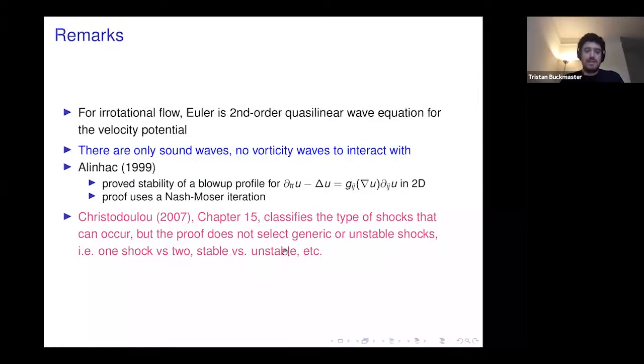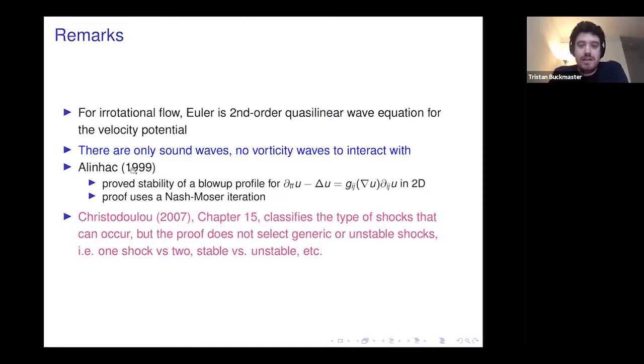Okay, so for this irrotational case, Euler becomes a 2D quasi-linear wave equation for the velocity potential. In particular, you only have sound waves interacting, no vorticity waves.